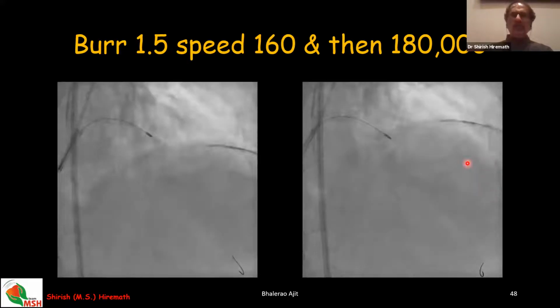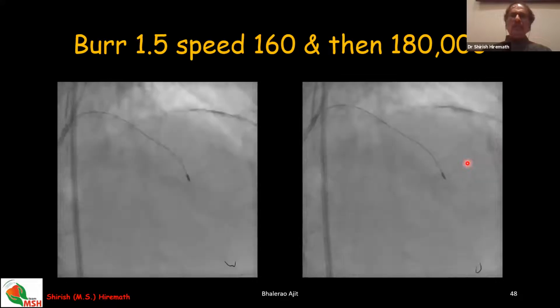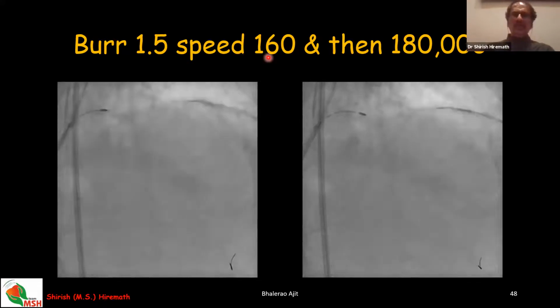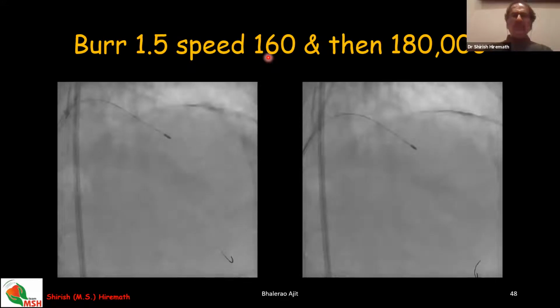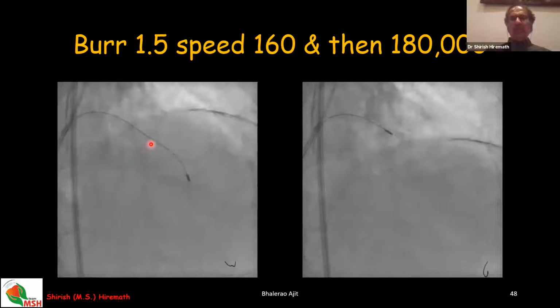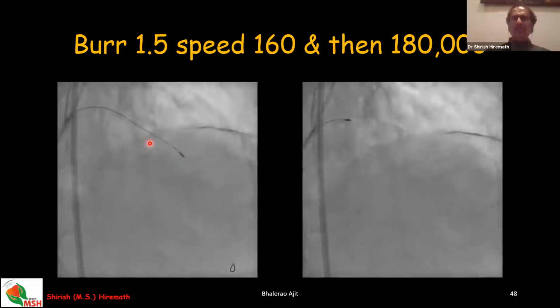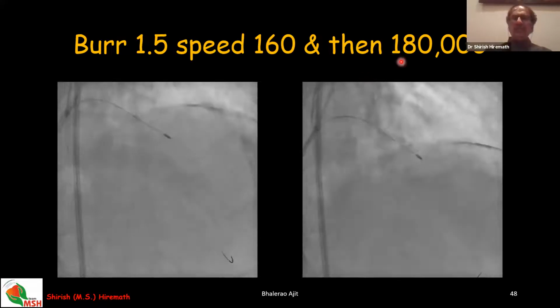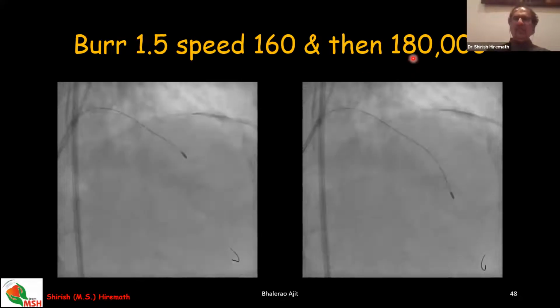When you do a rota, you initially do burring with a slower speed, 160,000 or 150,000. Once you have made a sort of forward movement across the lesion, then you can do the polishing with a higher rotation speed.